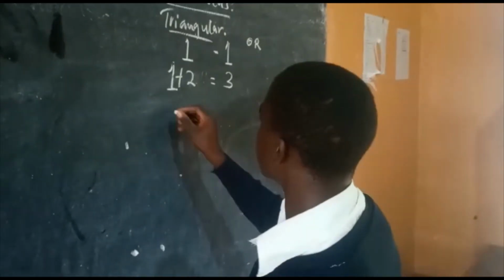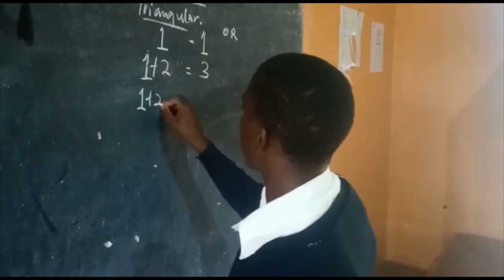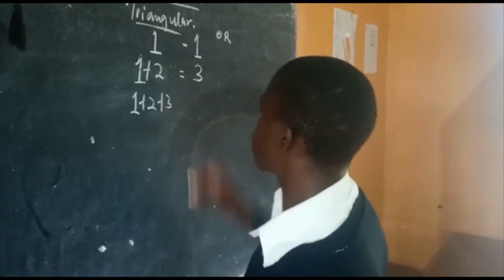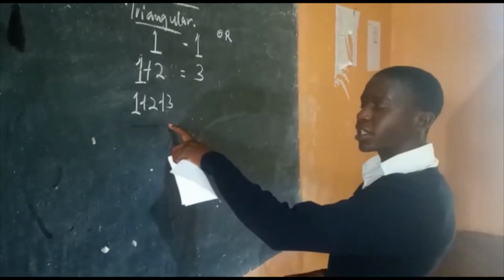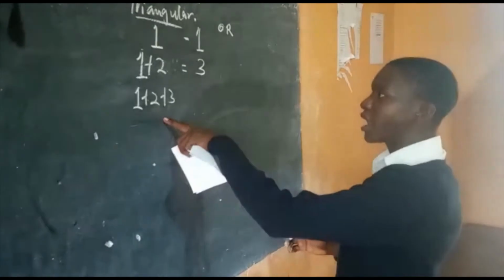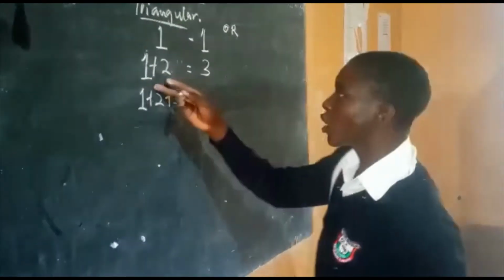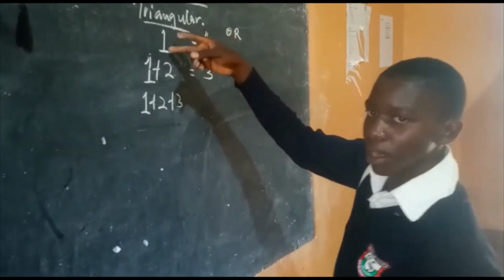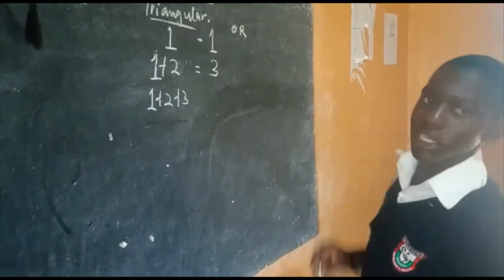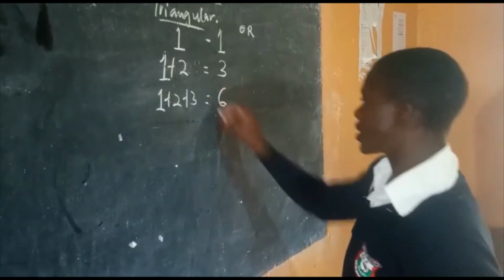In the third step, I count 1 plus 2 plus 3, so the first 3 counting numbers appear. In the second step, the first 2 counting numbers appear. In the first step, the first counting number appears once. So, I will obtain 6.